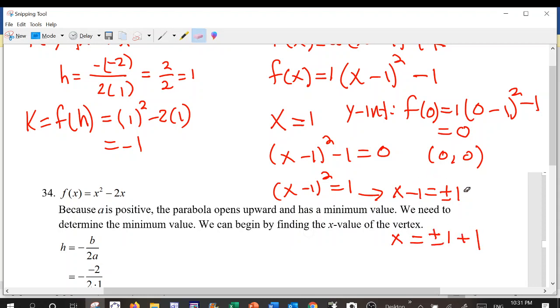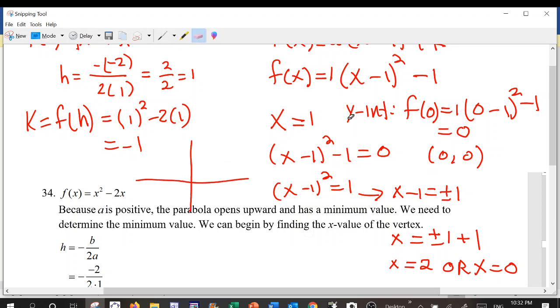Move that negative 1 to the other side, change the sign. So you take the plus first, and then take the minus. So that would be 2, or if you take the minus, it's 0, right? So we have the x-intercepts at 2 and 0. We can easily graph this.